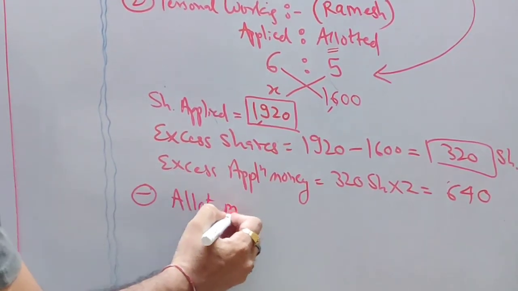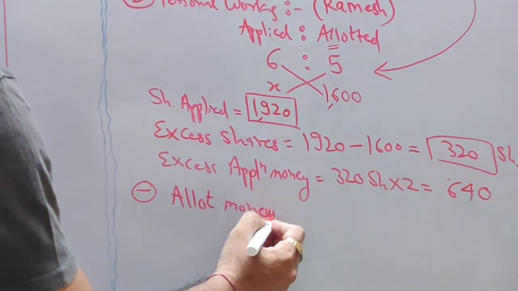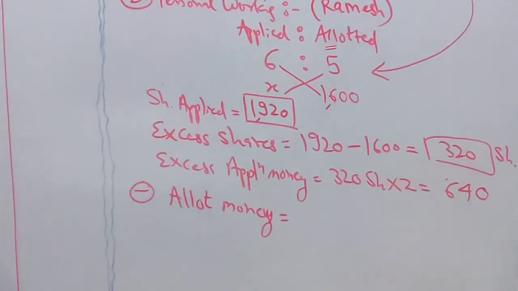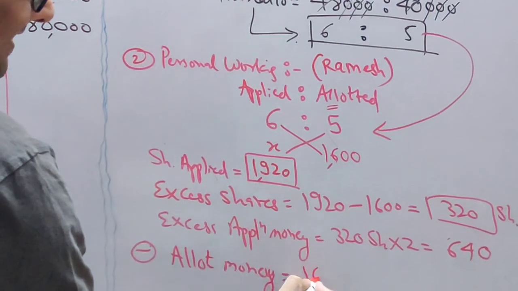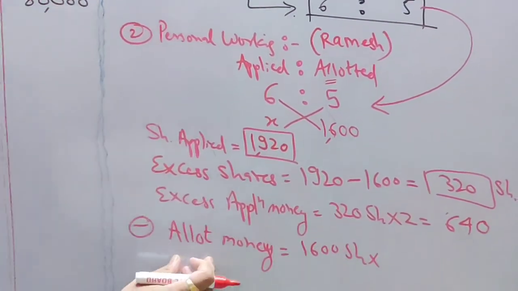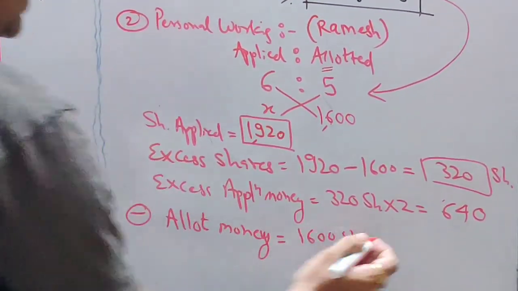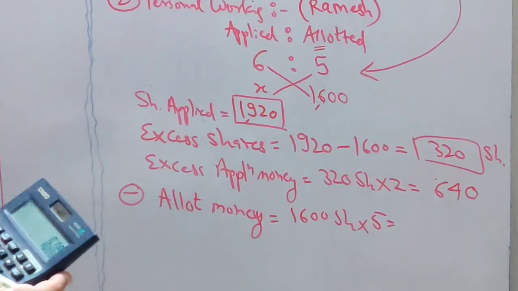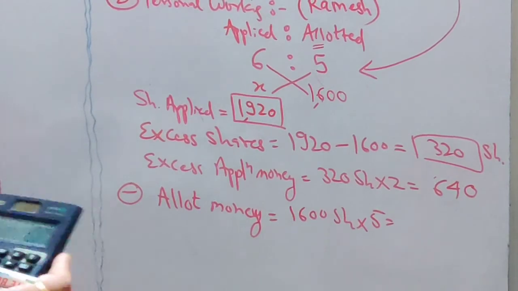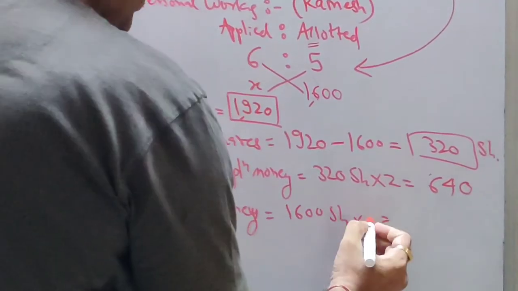Against the allotment money. Now how much is the allotment money? How many shares were allotted to Ramesh? 1600 shares. And how much are we asking at the time of allotment? 5 rupees. So let's see how much Ramesh was supposed to pay at 5 rupees.